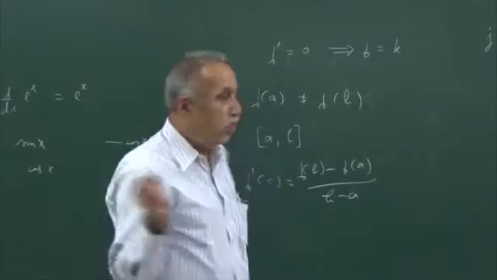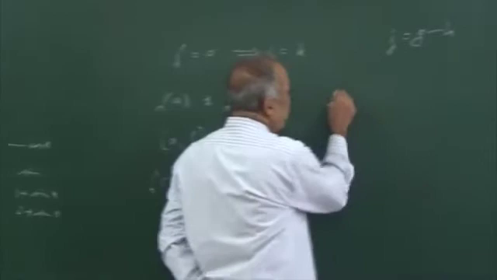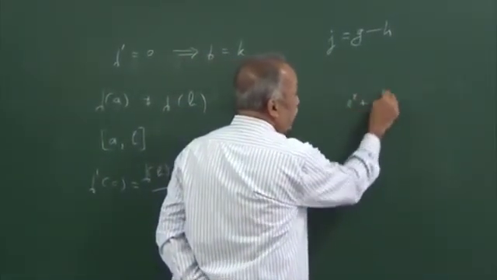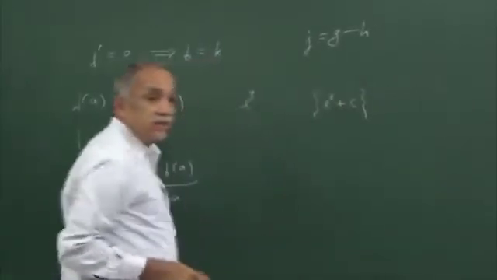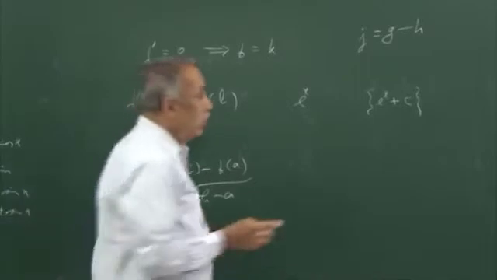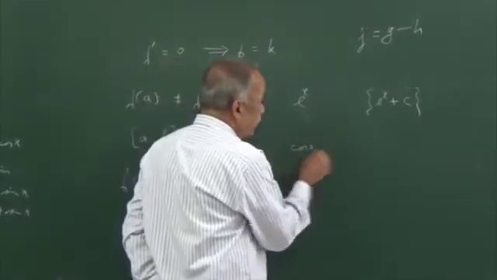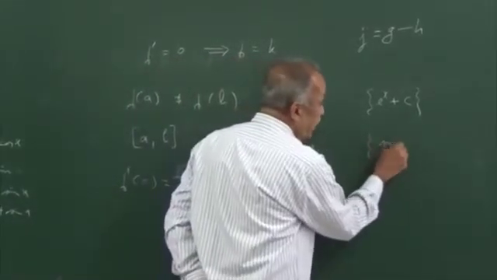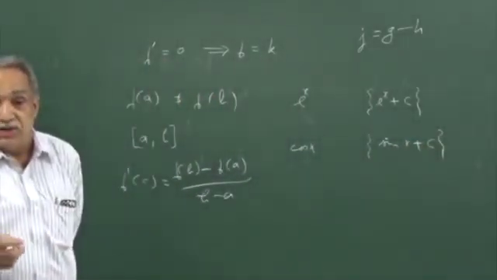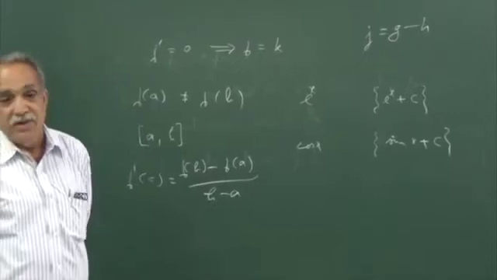So, for e to the power x, the set of all antiderivatives is this, where c represents a constant. For cos x, the set of all antiderivatives is this, where c represents an arbitrary constant. Agreeable? Okay.